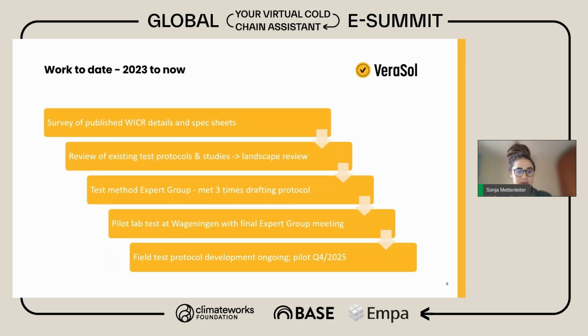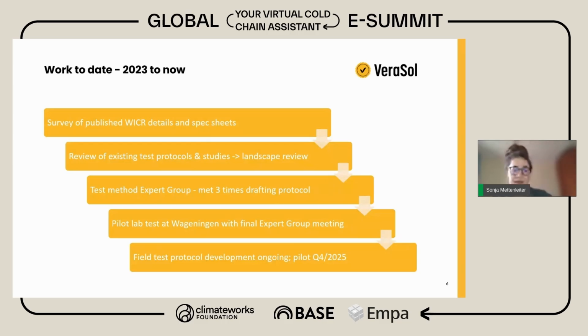We set up a test method expert group to then develop a test method for those walk-in cold rooms, of which Giovanni, for example, is also part. And then earlier this year, we conducted the first pilot lab test in Wageningen, and now we are looking to conduct a field test still this year.